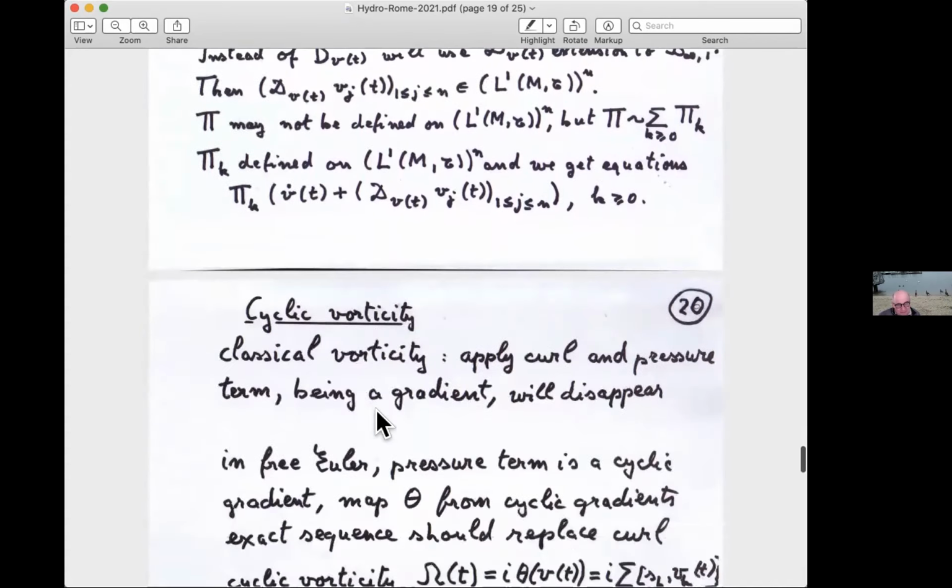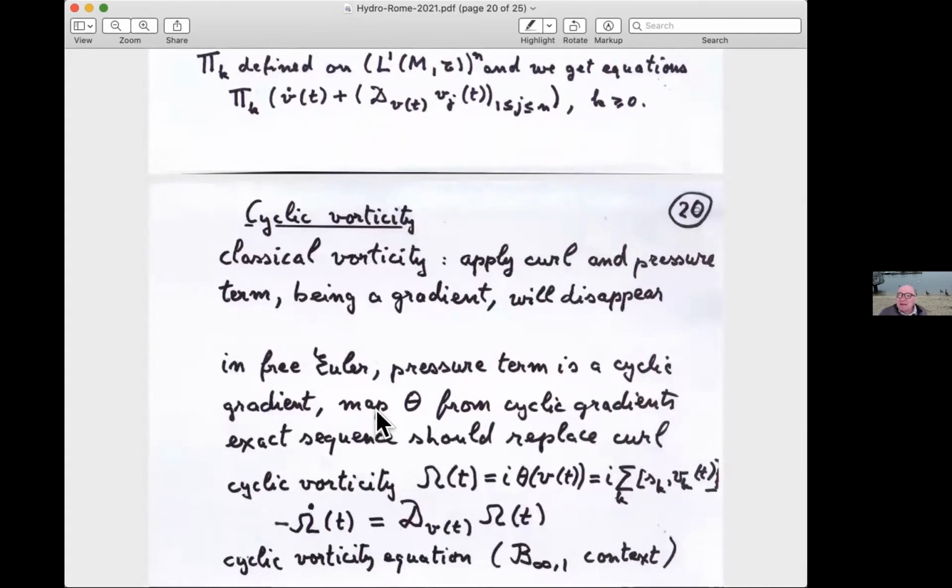Now, one other thing is that I was able to find that there is something like vorticity for these free Euler equations. Namely, classically, to get to vorticity, one applies the curl and kills the pressure term because it's a gradient. So one applies the curl to the gradient, and that's how one gets to vorticity.